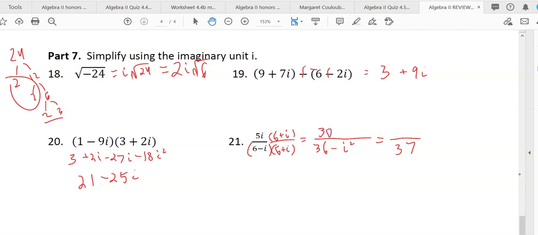So it'd be 30i plus 5i squared. 5i squared is 5 times negative 1. So negative 5 plus 30i in the numerator. You can write that as two separate numbers, sometimes that's preferable. A plus bi, so negative 5 over 37 plus 30i over 37.